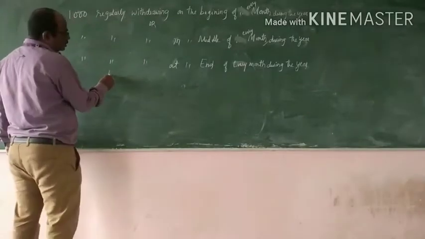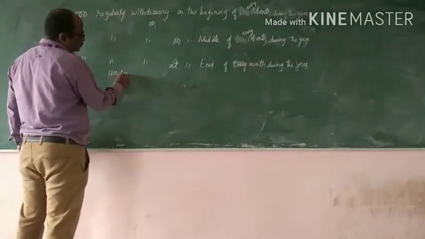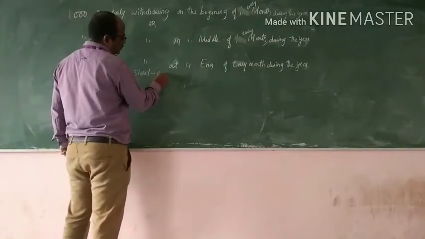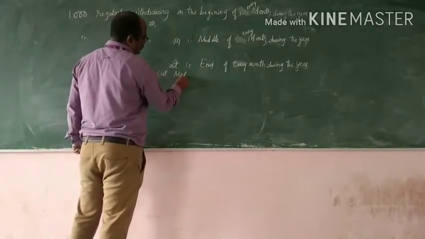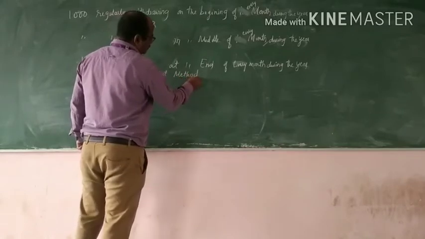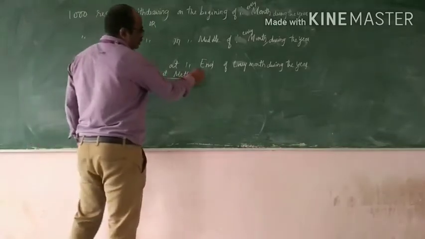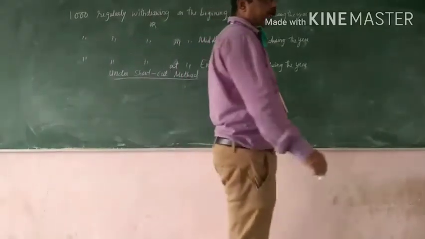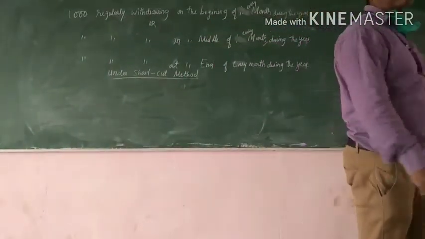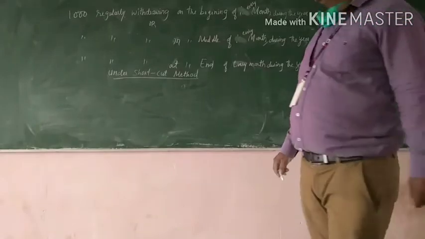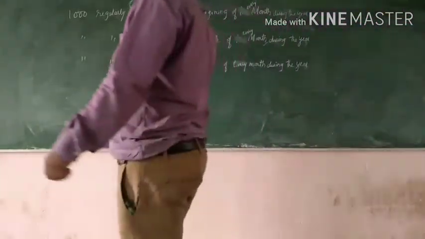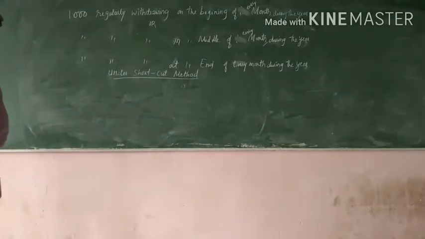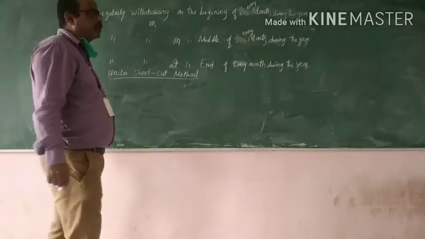Under the shortcut method, instead of putting 4 columns, that is date, amount withdrawn, number of months and product, and finding the product, and then using the formula and calculating the interest on drawings, we can use a simple formula here.